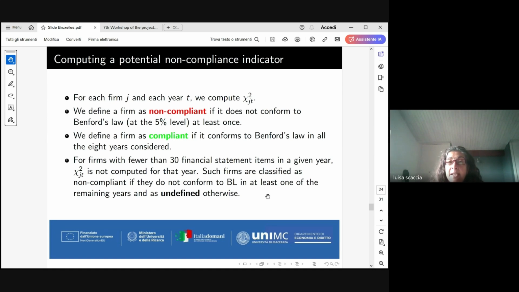Obviously, there are some firms for which we didn't have enough data in the financial statements to perform the analysis in some years. In this case, we consider the firm as non-compliant if it does not conform to Benford law in at least one of the years for which we could compute the chi-square statistic. Otherwise, we simply consider it as undefined.